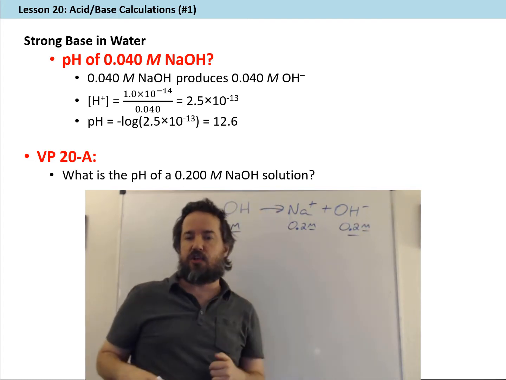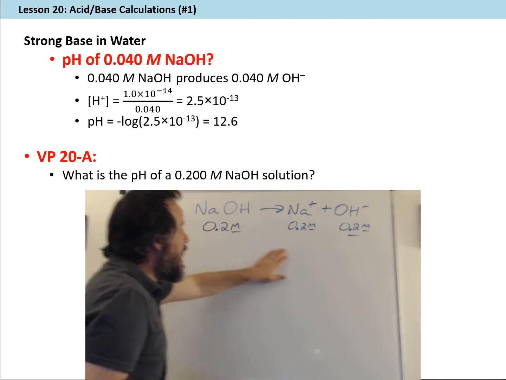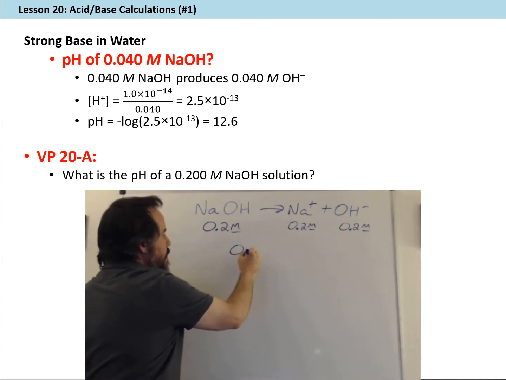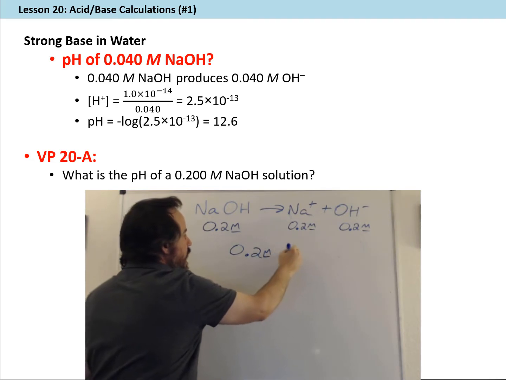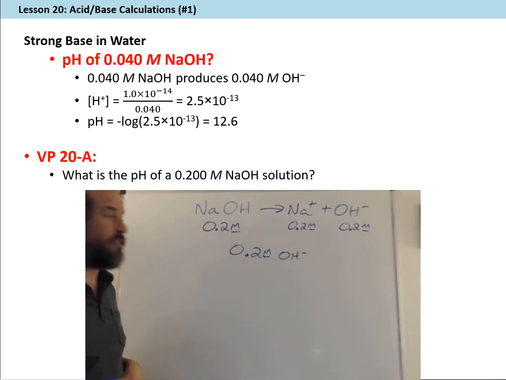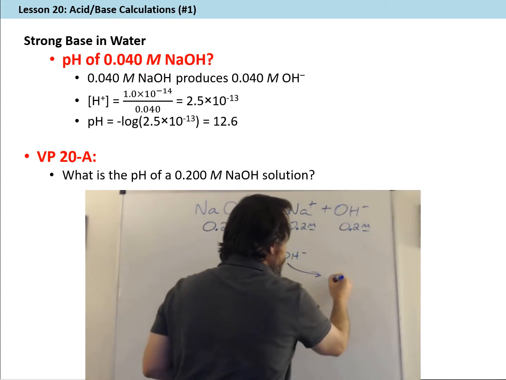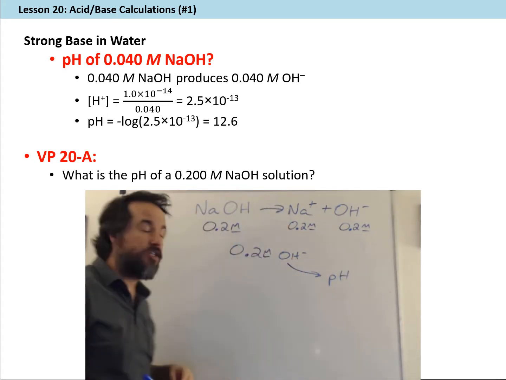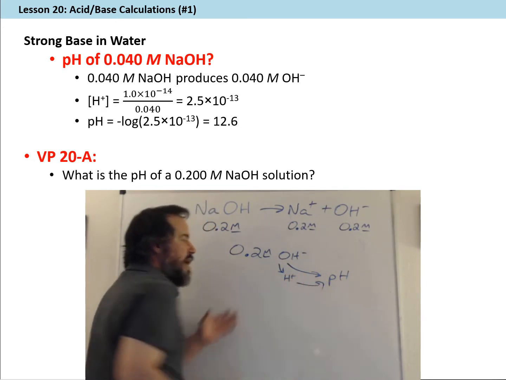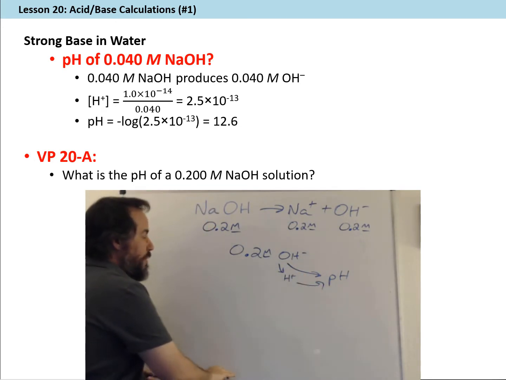It fully dissociates. Now that I know that it's 0.2 molar OH-, I can try to calculate pH based on this. But I can't go directly from OH- to pH. What I have to do is calculate H+ first, and then I can find the pH.